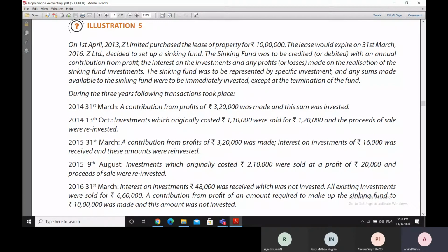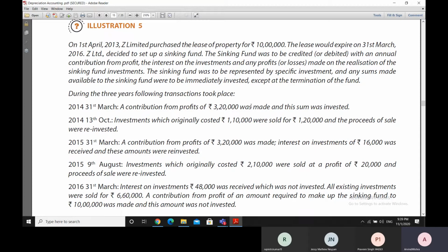So during the 3 years of the lease of the property for 10 lakh rupees, the 3 years for which the lease was continuing, on 31st March 2014, that is after 1 year, a contribution from the profits of 3,20,000 was made, and this sum was invested in the specific investment.